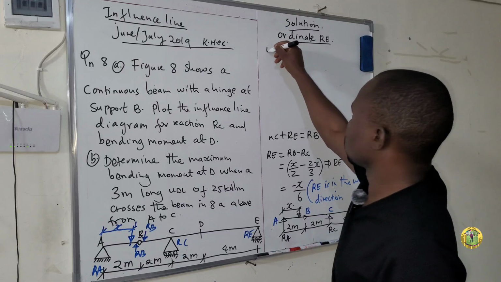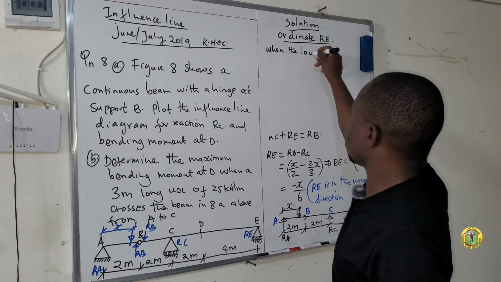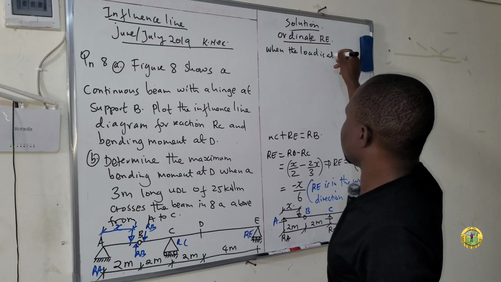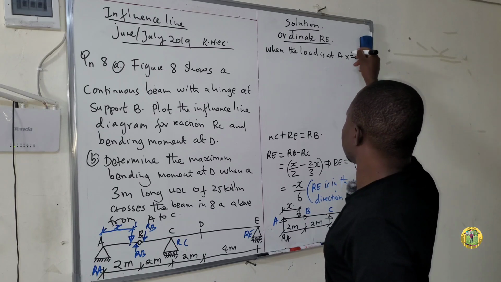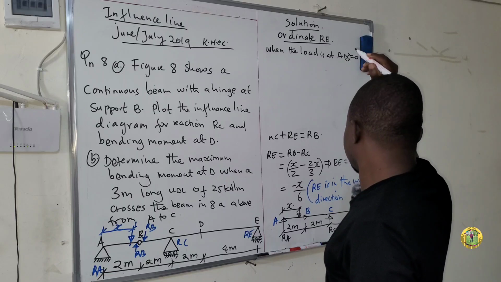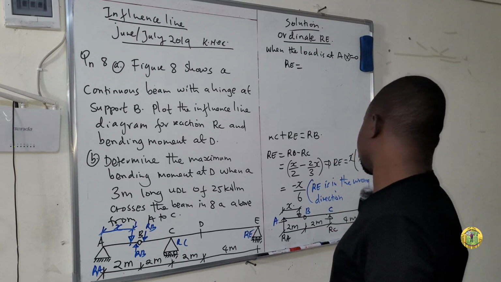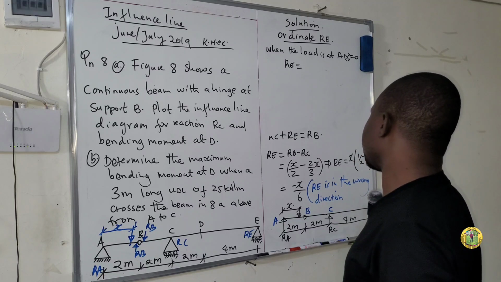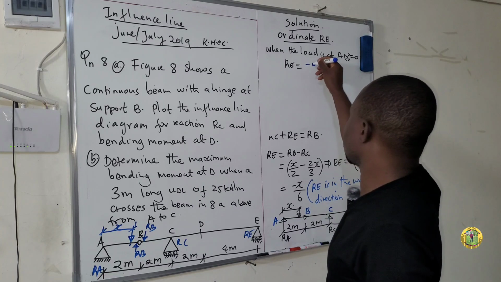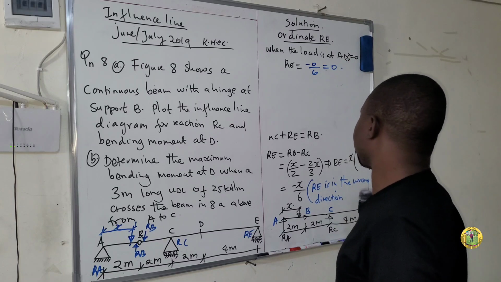When the load is at A, X is equal to 0, whereby RE is equal to negative 0 all over 6, which is equal to 0.